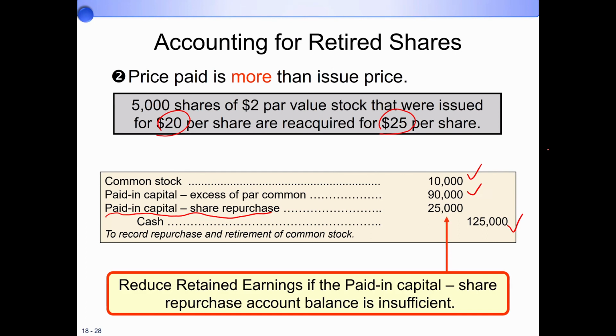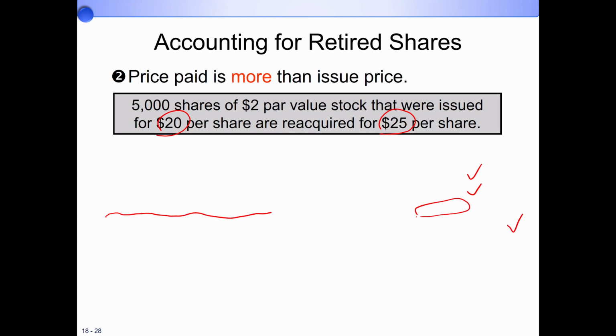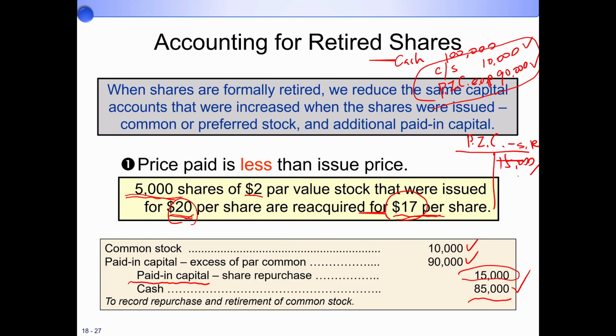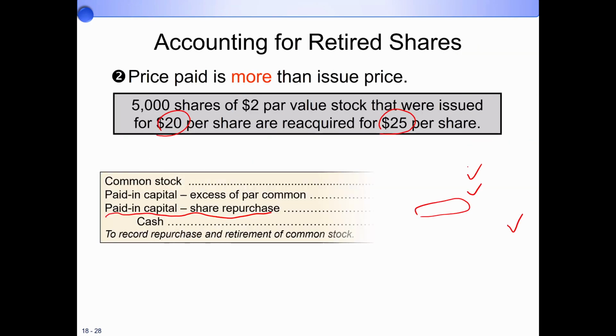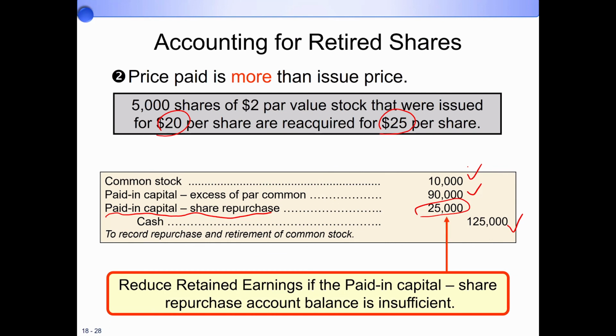The account can only decrease by 15. If you want to debit this account, you can only debit 15,000. So what about the remaining 10,000?